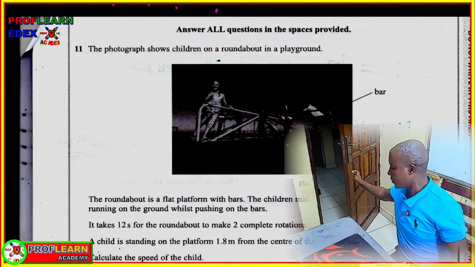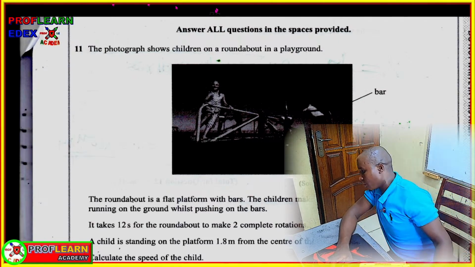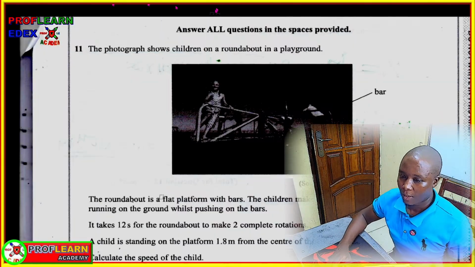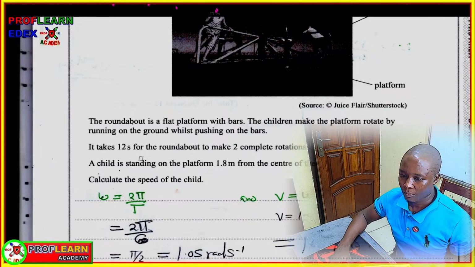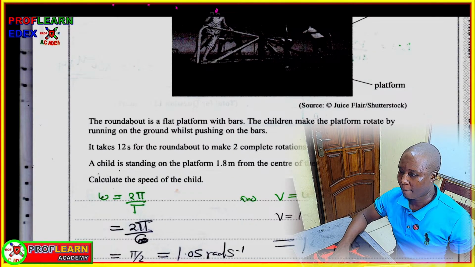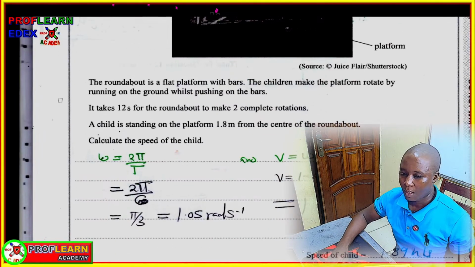They are having a good time there, as we are having some good time reviewing this particular paper. In that case, we are told that the roundabout is a flat platform with bars, and the children make the platform rotate by turning and pushing these bars.